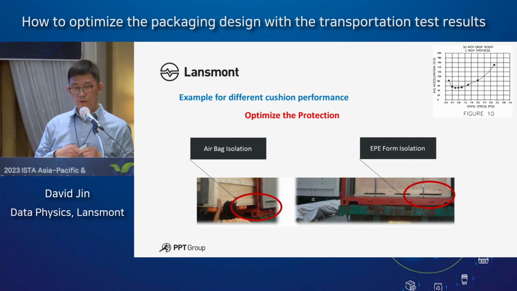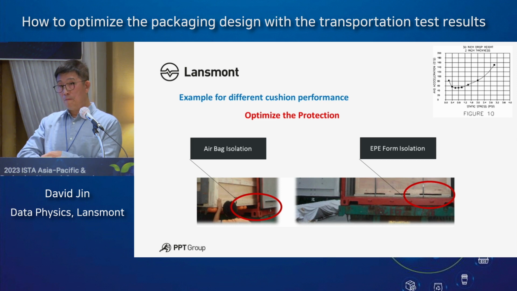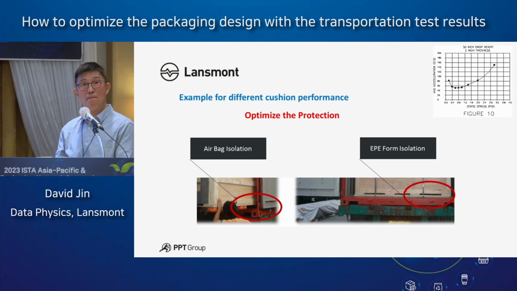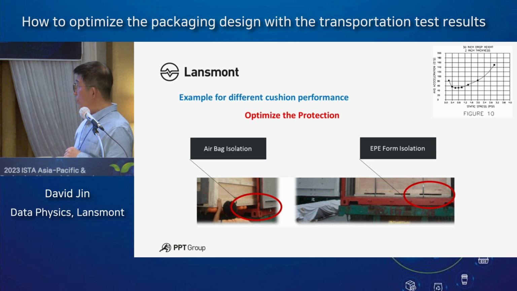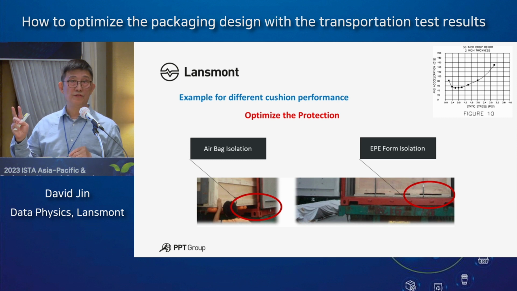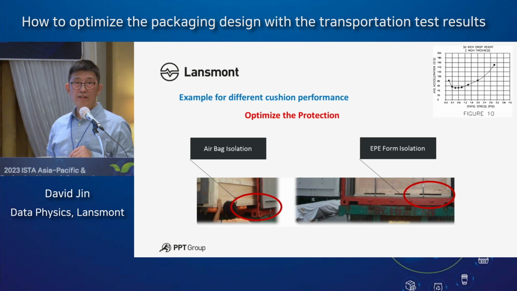Here's a little example, if time allows. We tested and measured different packaging for the same product, packed in containers. We use the airbags, and we use the high density EPE foam isolation in the pallet. 2 materials different. We try to understand for shock and vibration how good these 2 kinds of materials are during transportation.